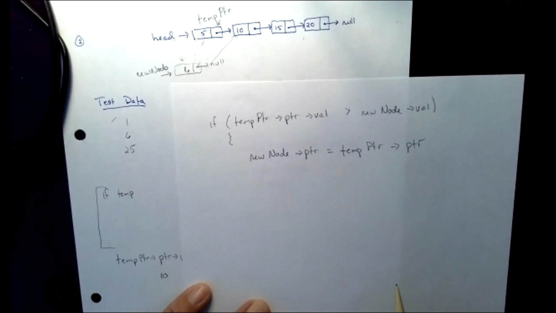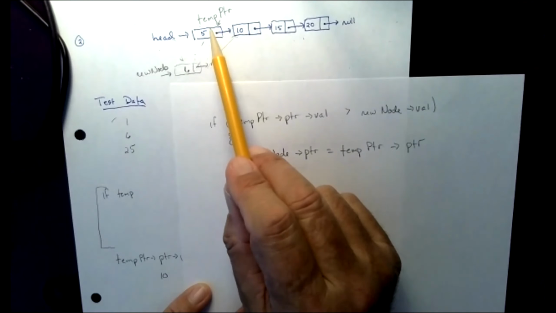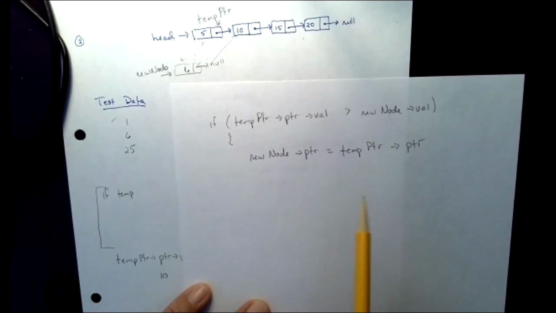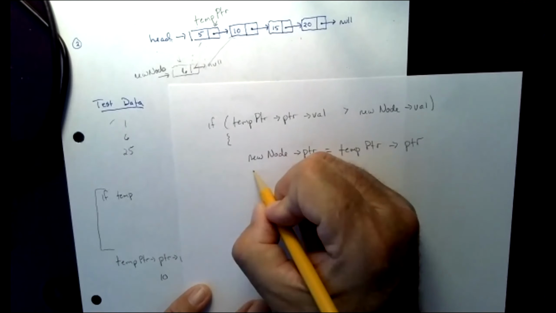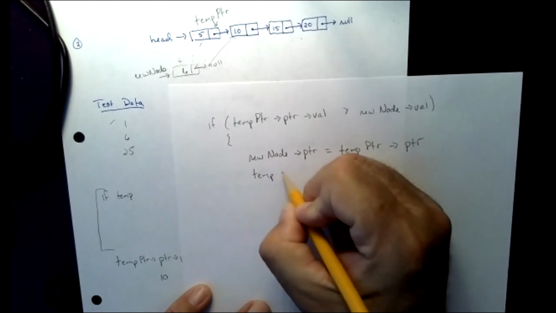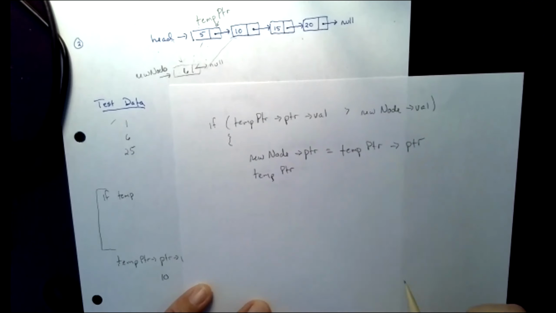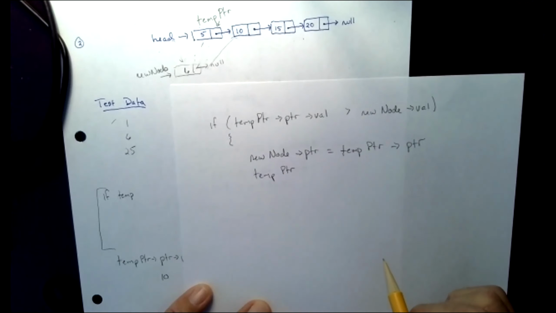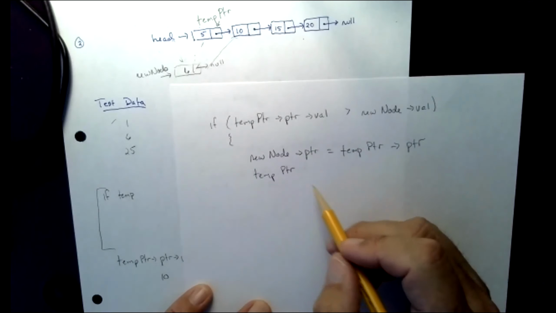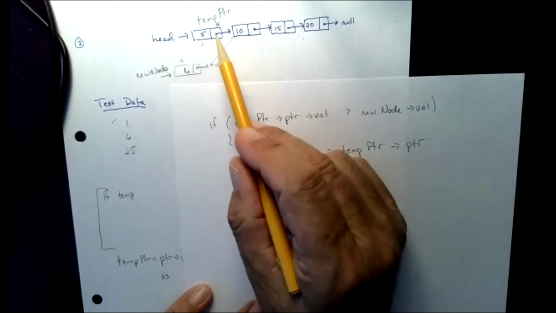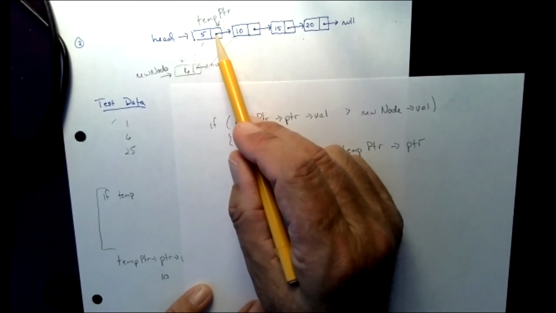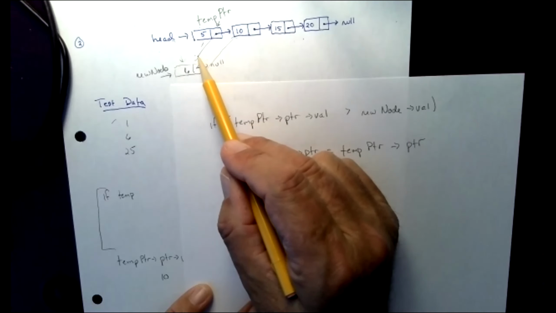Okay, what would my second line be? Well, I need this guy to now point to my new node. I want this guy right here to now point to 6.